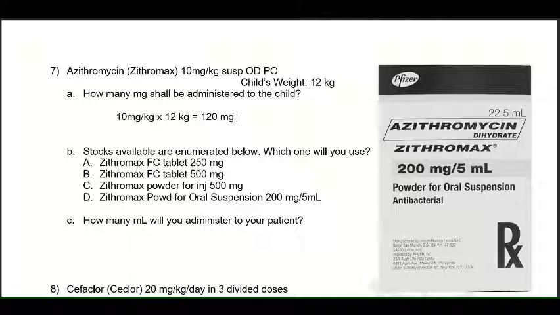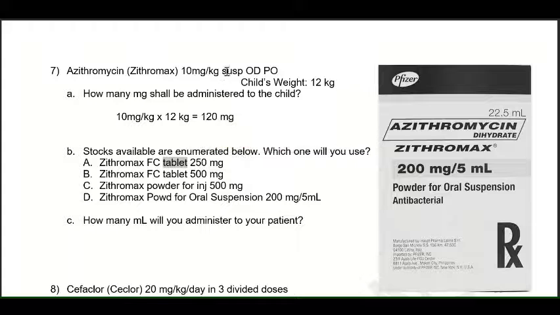Stocks available are enumerated below. Which one will you use? Let's see the order. Azithromycin, Citromax, 10 milligram per kilogram suspension, ODPO. Which one will I use? A, Citromax, FC tablet, 250 milligrams. This is a tablet, so it's a no-no.